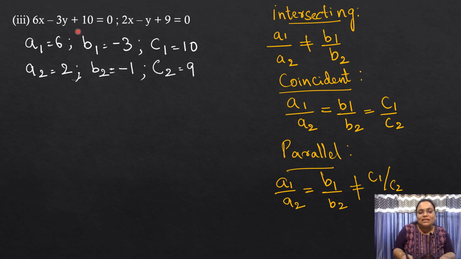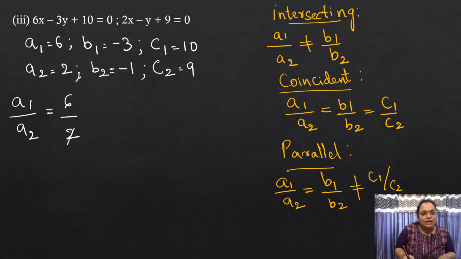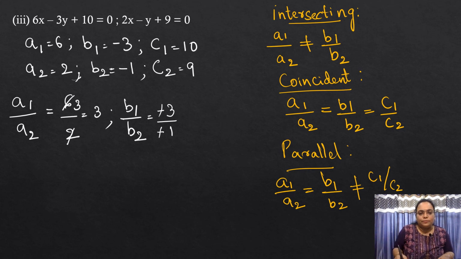We are just comparing these two equations with the general form. Now let us find the ratios. A1 by A2 is 6 by 2, which is 3. B1 by B2 is minus 3 by minus 1, which is 3 only. C1 by C2 is 10 by 9.